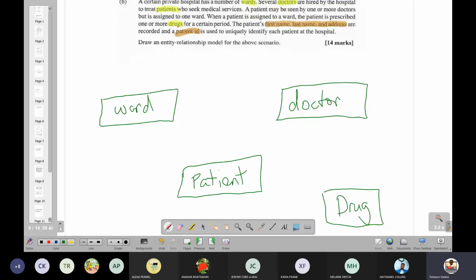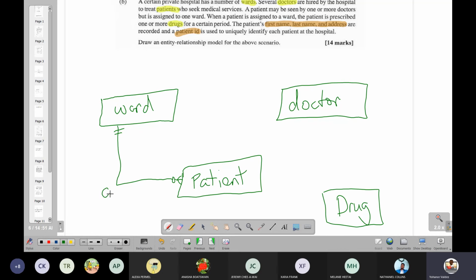And now we want to start showing how these things relate to each other, right? So a ward can contain many patients, but a patient will stay on one ward, right? So a ward could have 0 or more patients, and a patient stays on one and only one ward, right?